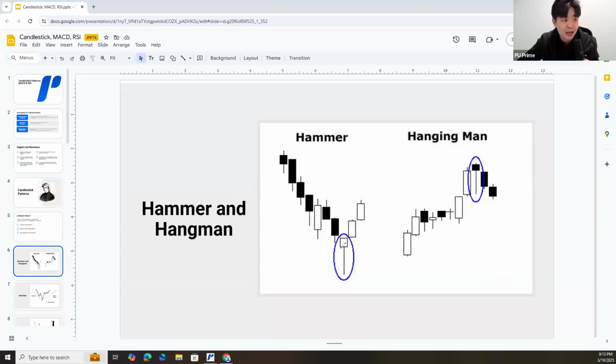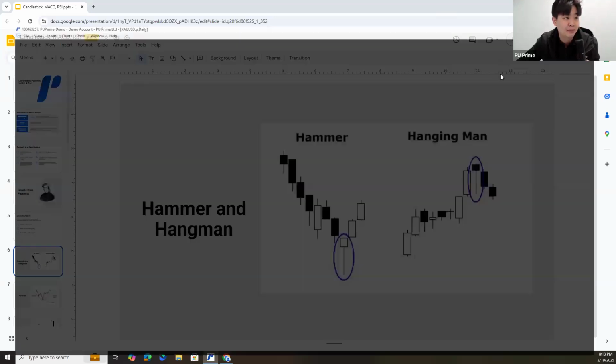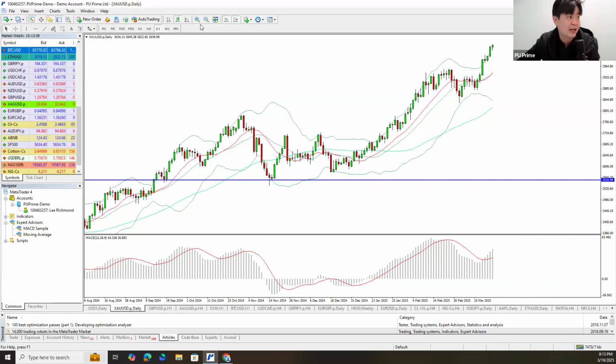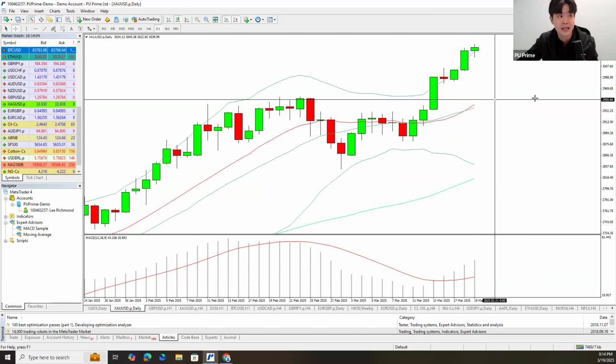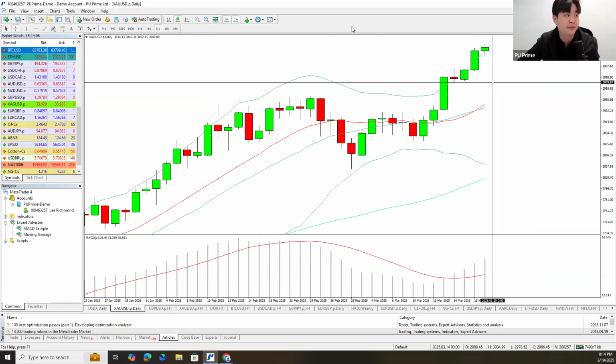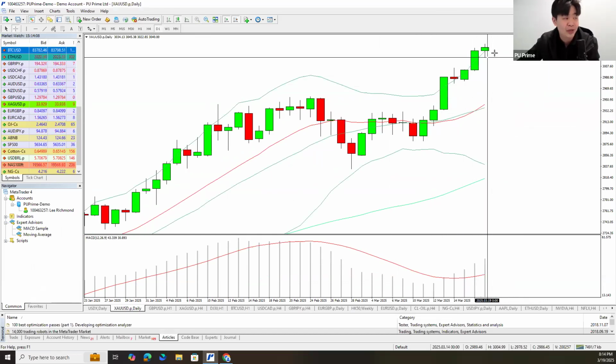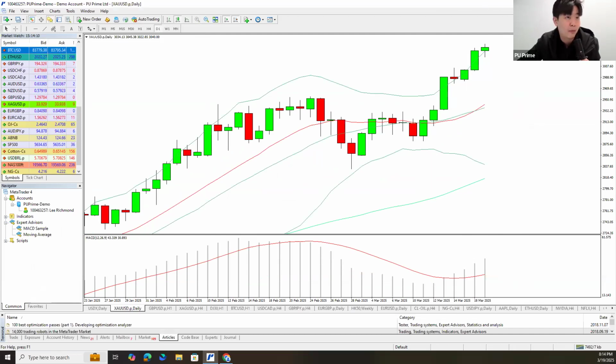But definitely, you try to find all of these candlestick patterns when they're nearby the support level. You don't have to go through the candlesticks one by one. For example, if the gold price forms a hammer, is it the time for it to drop? We are not sure, but it's better for us to combine with the support and resistance level. You don't have to evaluate all of the candlestick patterns one by one.